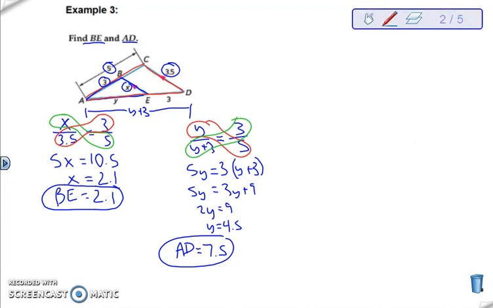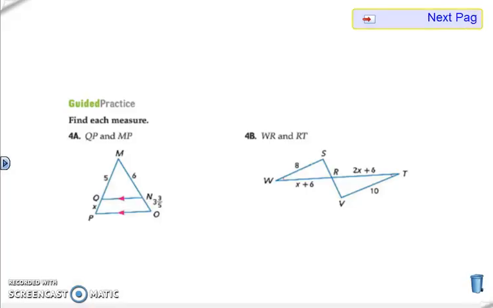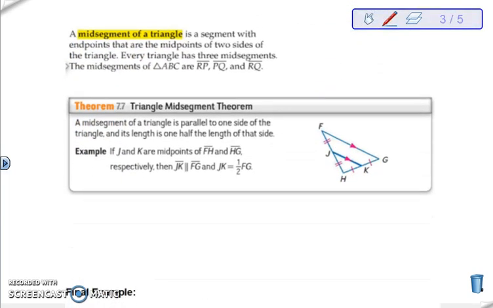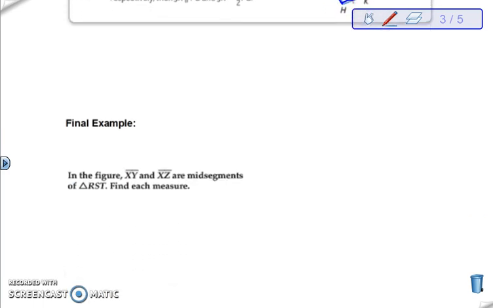All right, we have one more example to look at. And that is a mid-segment. So a mid-segment connects midpoints of opposite sides of the triangle and creates a new triangle that is half as large as the original.